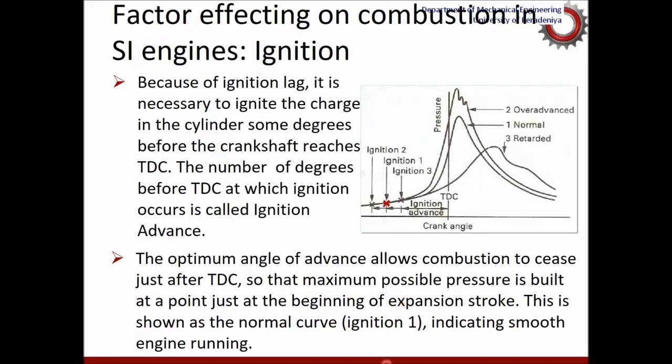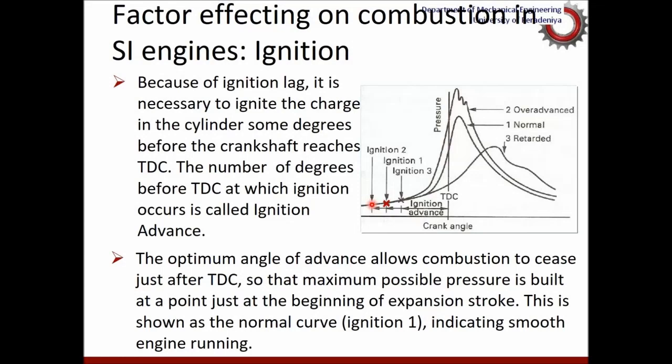Okay, so let's look at the same thing from a slightly different perspective. So this is the pressure variation against the crank angle for three different ignition timings: 1, 2, and 3. 1 is denoted as the normal curve here, and if you ignite the gases a little earlier, that means if you advance timing from 1, you get timing 2.